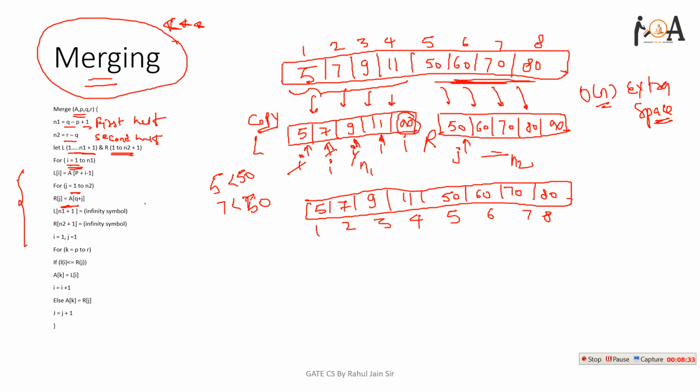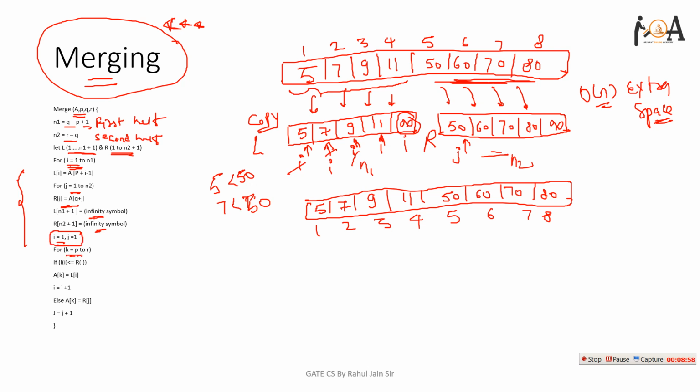In the new arrays I had to put an infinity symbol at the last position, just to indicate whether the array is completed or not. And then i equals 1 and j equals 1. i is denoting this array L, and j is denoting the second array R, and they are initially denoting the first index of their respective arrays.